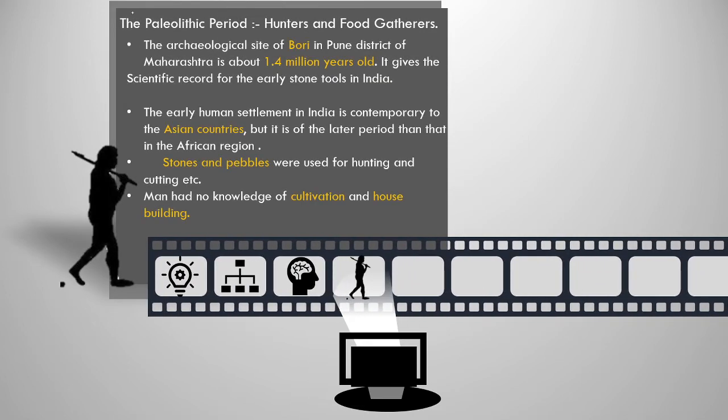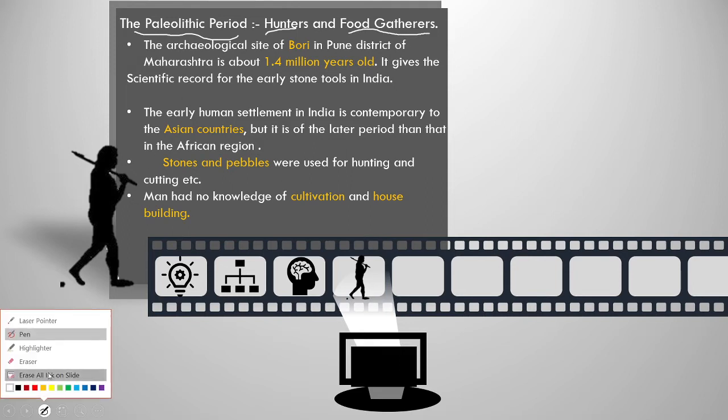Now, the Paleolithic period or Paleolithic Age, okay? So, hunters and food gatherers. Who are these people? Hunters and food gatherers are our own ancestors. Great. They did the work of hunters and food gatherers in the Paleolithic period. Okay?